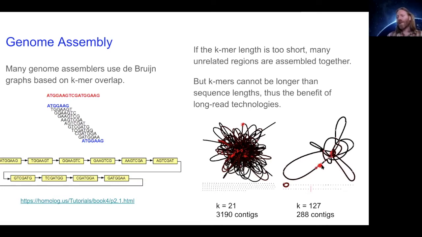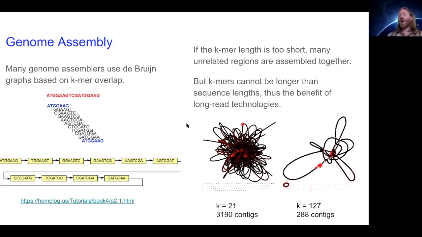You can see, though, in the red regions, those are places where there's a lot of repeats that are longer than 127 base pairs. And so the assembler still can't find a way to resolve those repeats due to the Kmer length.